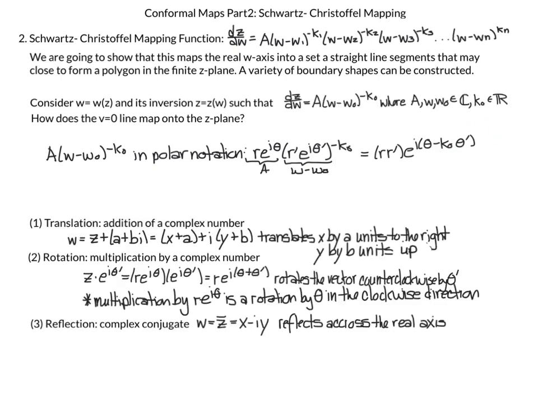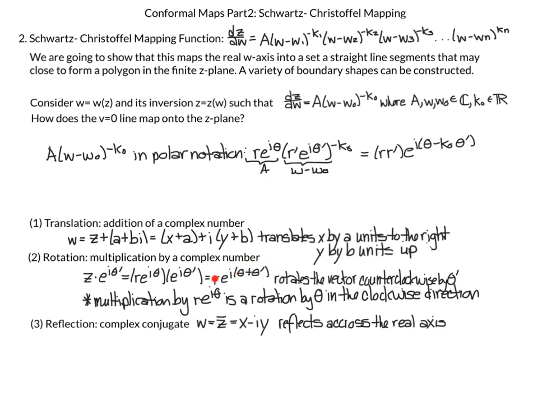Do you remember when we started chapter 6 and started talking about complex analysis? We talked about functions of complex variables, and we talked about mappings. There were 3 things that could happen, which were translations, rotations, and reflections. What we're concerned about in this chapter are rotations. Remember that when you multiply a complex number z by another complex number, e to the i theta prime, what that ends up doing is it rotates the vector.